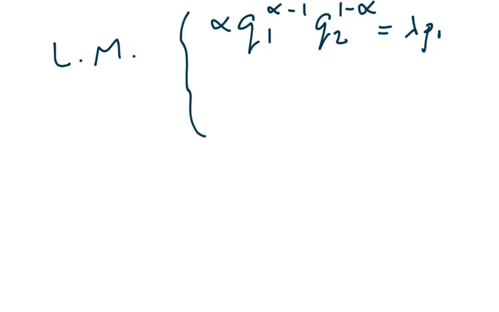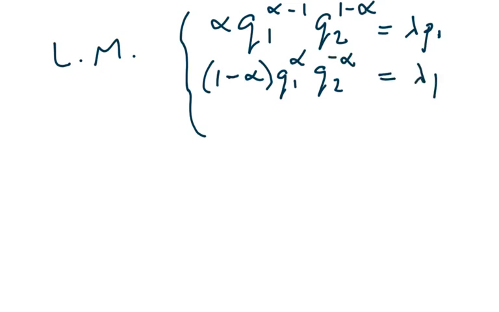Right, that's our first equation from the gradients, the gradient portion of the Lagrange multiplier setup. And then our second part is going to be 1 minus alpha q1 to the alpha q2 to the minus alpha should be equal to lambda p2.